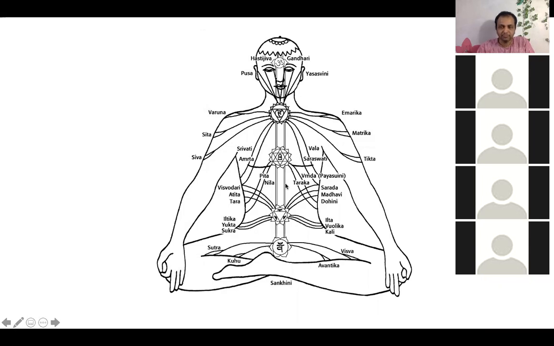And is it like Vajrasana, and even Padmasana is also recommended many times? Padmasana or Vajrasana is the best asana for meditation and pranayama. Yes.